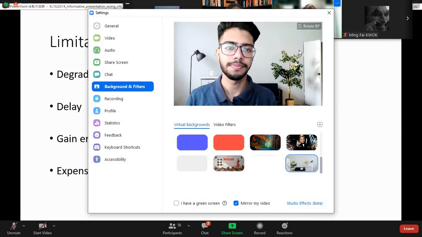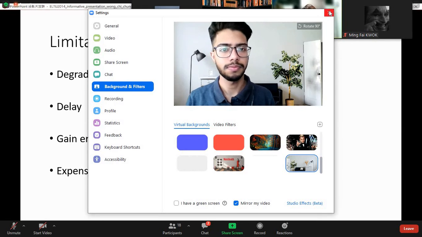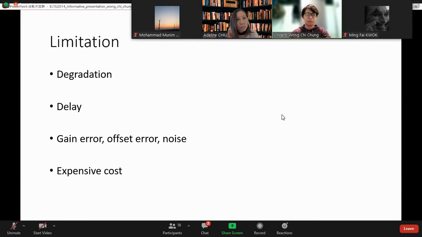No matter how high the sampling frequency and bit depth in the DAC, degradation, delay, gain error, offset error, and noise must appear in the generated signal, so the output signal is not the perfect one. Also, the expensive cost of the DAC is a limitation, because if you want to provide higher quality sound or video, the cost of the DAC is also high.